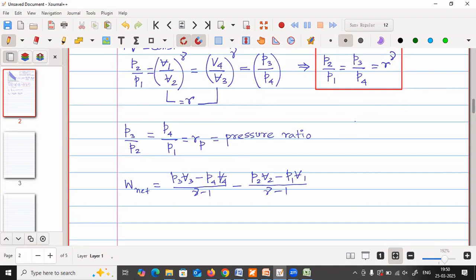So if we take this 1 by gamma minus 1 out, and also take P1 V1 common, then it will become P3 V3, meaning all the terms will be divided by P1 V1.